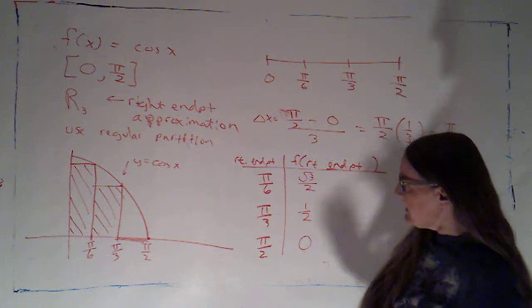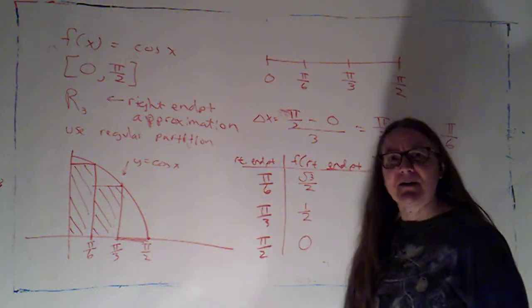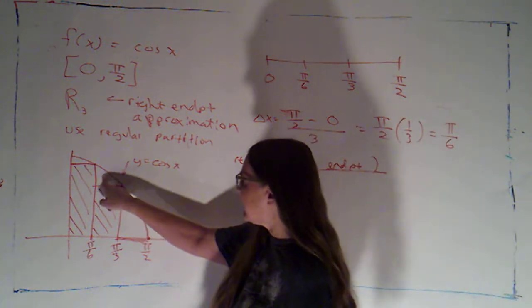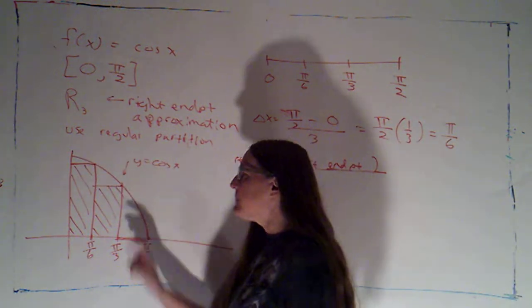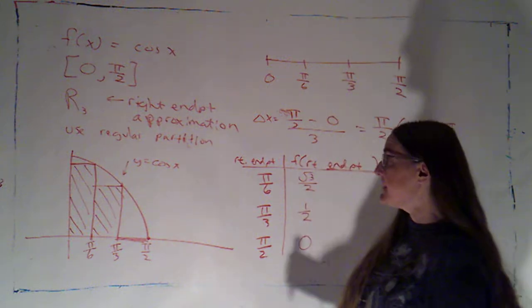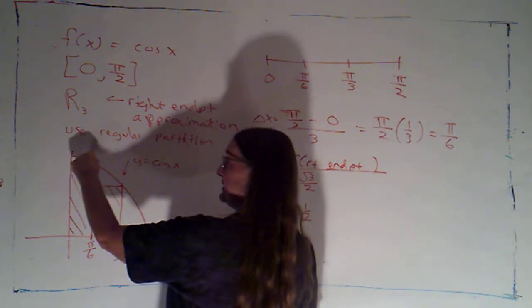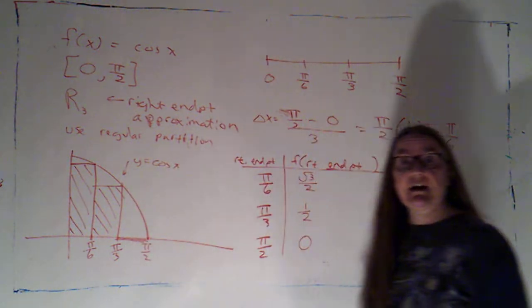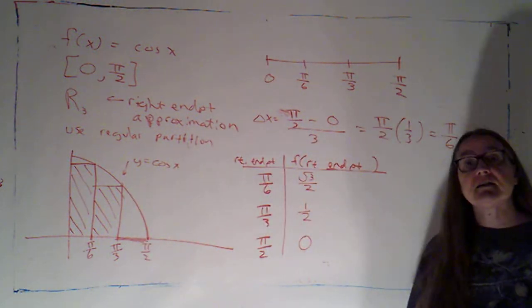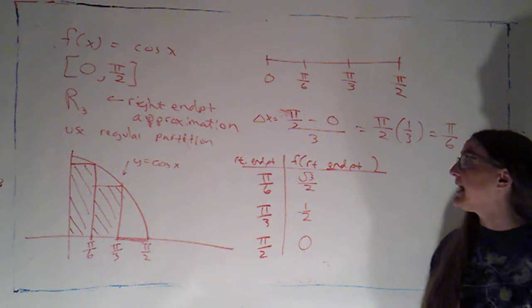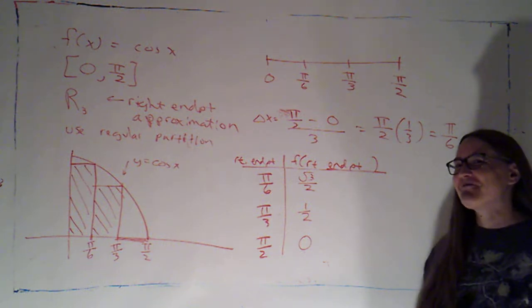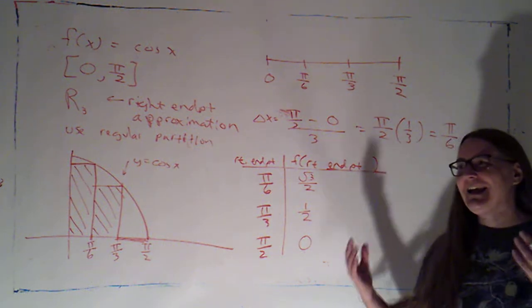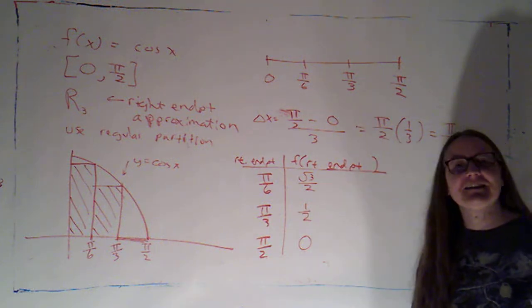And I can see, in this case, I'm getting an underestimate again. All of my error is that I didn't count some area that I was supposed to count. In this case, if I had used left endpoints, I can see I would have gotten an overestimate instead. So my choice of sample points does affect what estimate I get. What's kind of neat is when I take the limit, it all goes away. It all goes to the same thing.